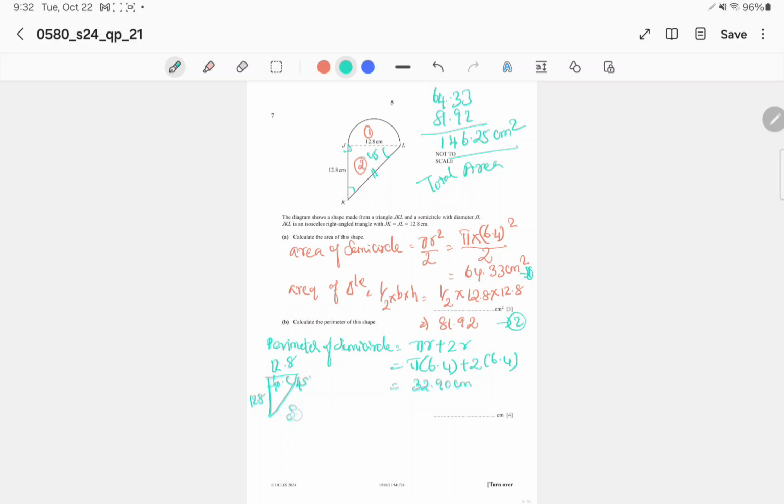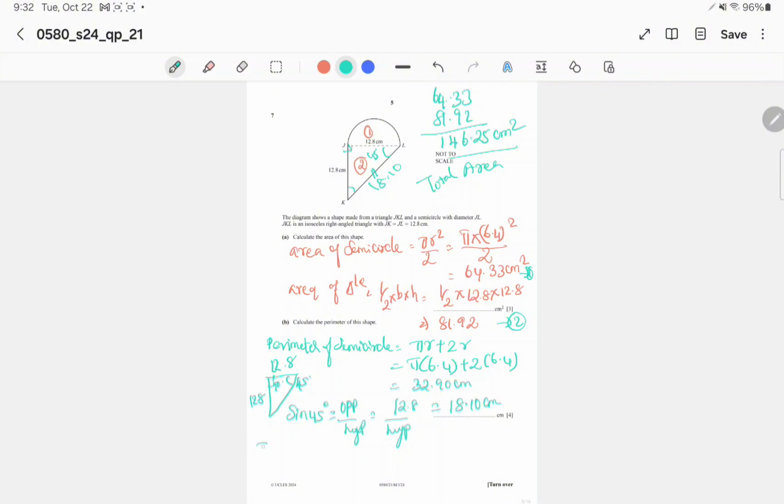So sine 45 equals opposite by hypotenuse. Opposite is 12.8 and we have to calculate the hypotenuse. So it is coming around 18.10 centimeters. From this we have to calculate the remaining answers.